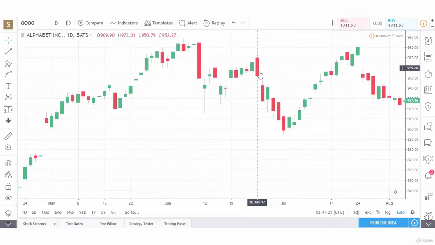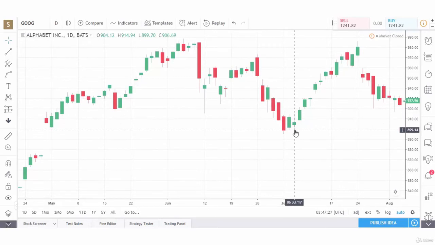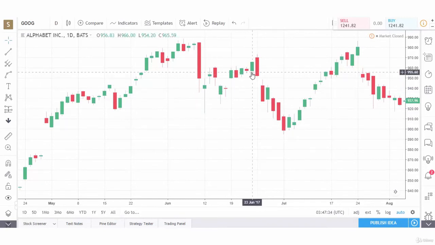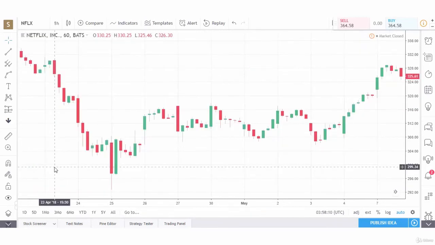And after this bearish engulfing pattern, we see a slight sell-off in the stock of Google or Alphabet, and then the stock rallies again. But this is a pretty clear bearish engulfing pattern. There's no ambiguity that this candlestick is larger and encompasses the entire size of the candlestick before it.